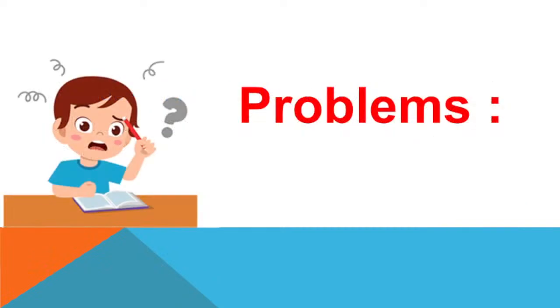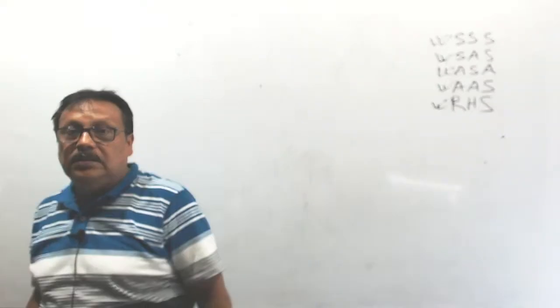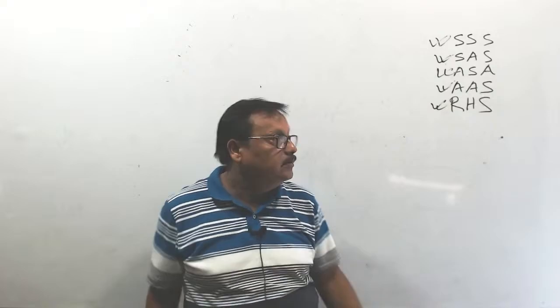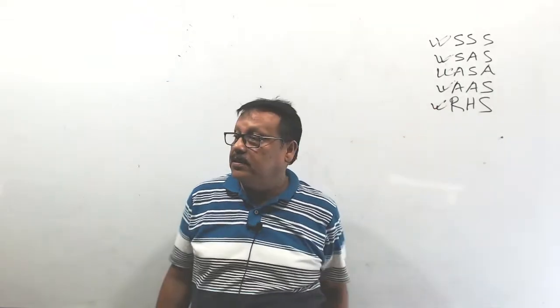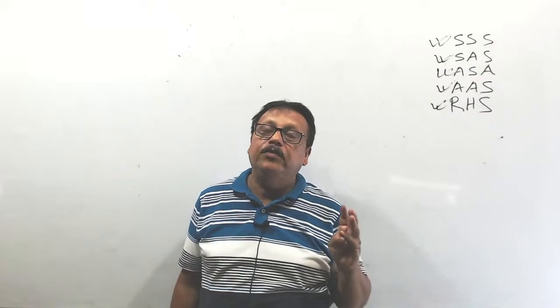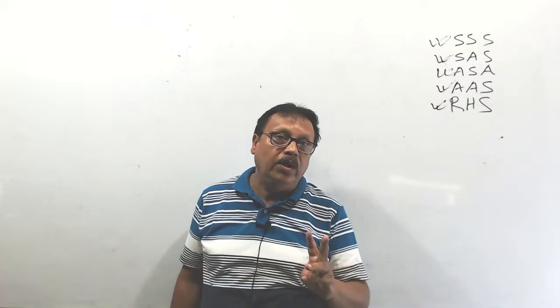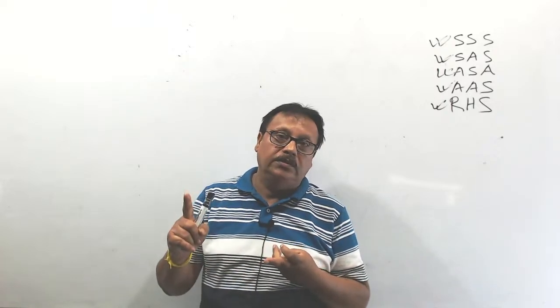Next, problems. Already we learned the 5 criterions. SSS: if we can prove corresponding 3 sides of 2 triangles are equal, then the triangles will be congruent.